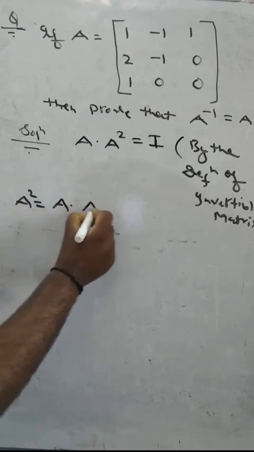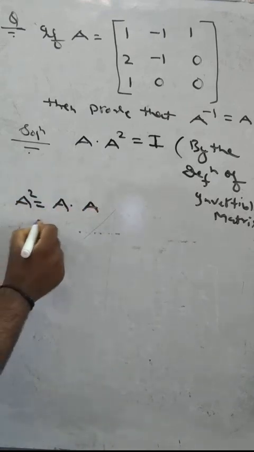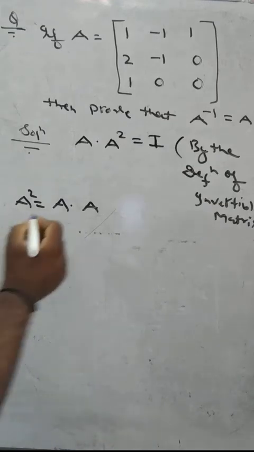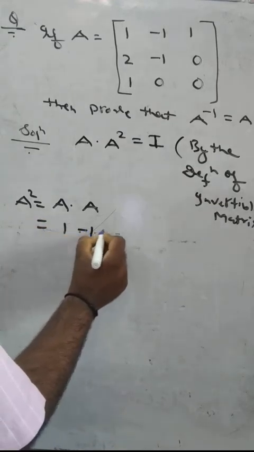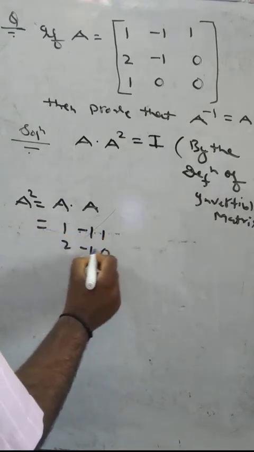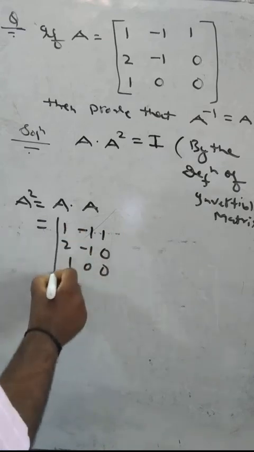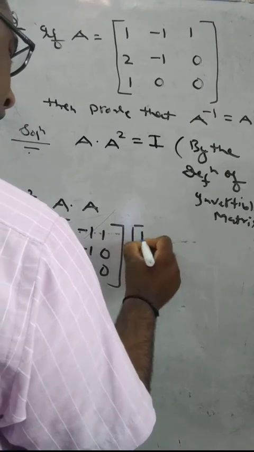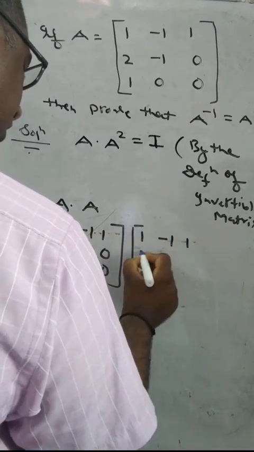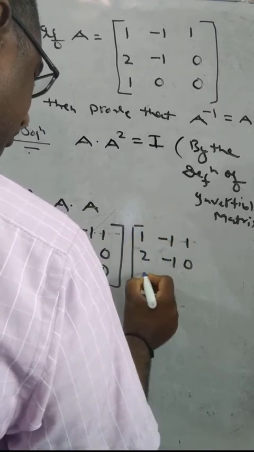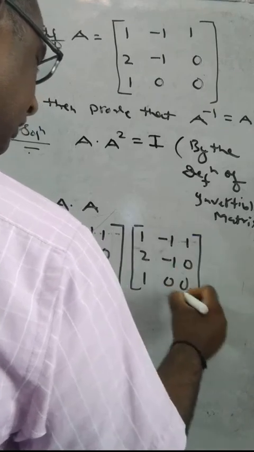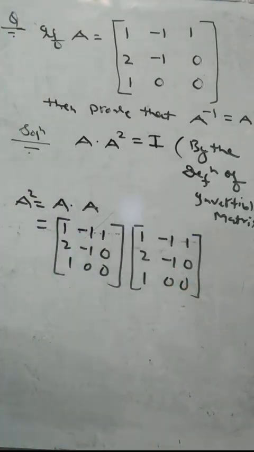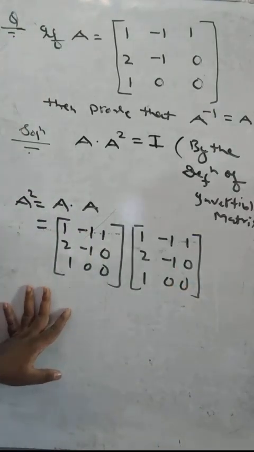A square is equal to A into A, or this can be, I think, 1, minus 1, 1, 2, minus 1, 0, 1, 0, 0, times 1, minus 1, 1, 2, minus 1, 0, 1, 0, 0. I already assumed that you know the multiplication of matrix.